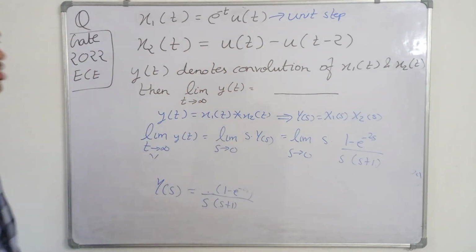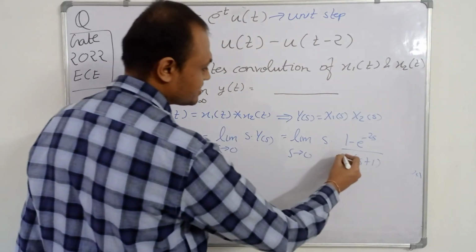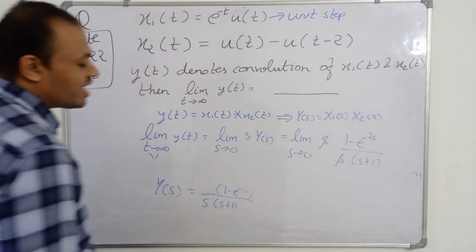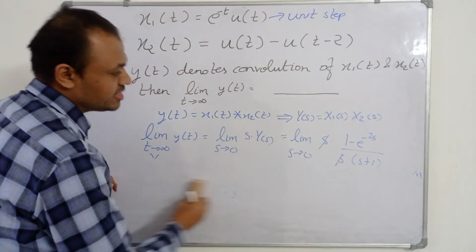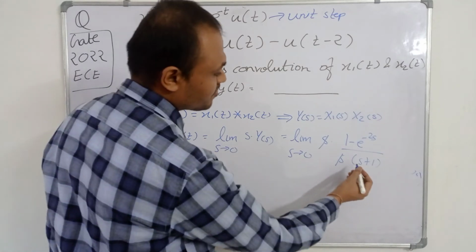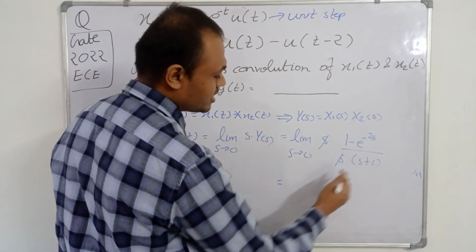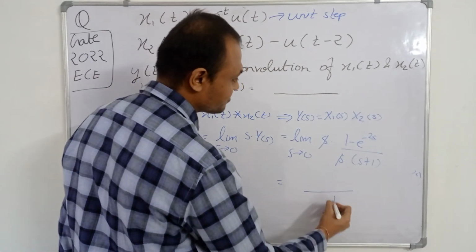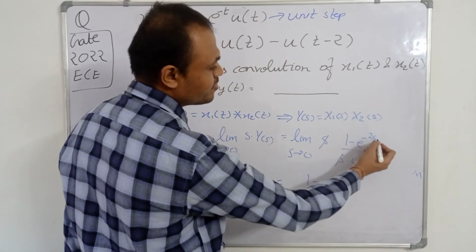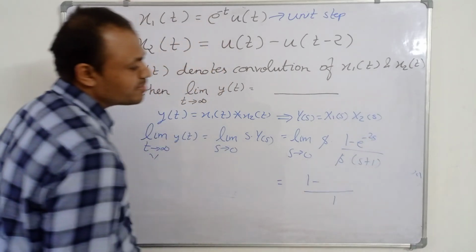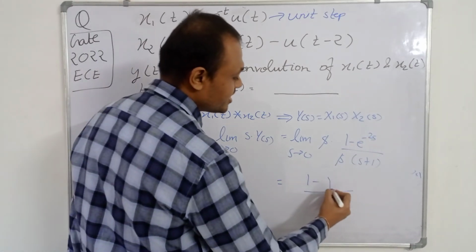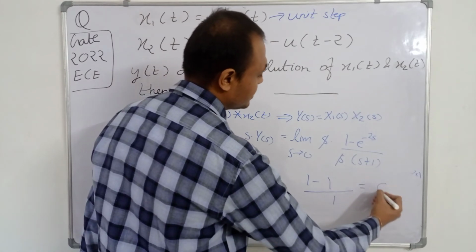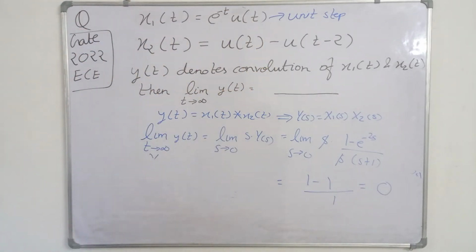The s in the numerator and denominator will get cancelled. And when we put s equal to 0 here, the denominator will become 1. Then 1 minus, when we put s equal to 0 here, this will become e to the power 0, so this will be equal to 1. So 1 minus 1, 0. So the correct answer is 0.